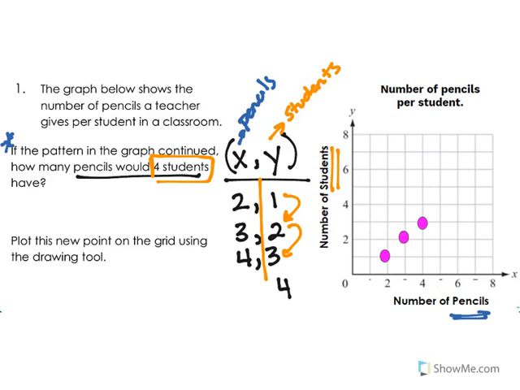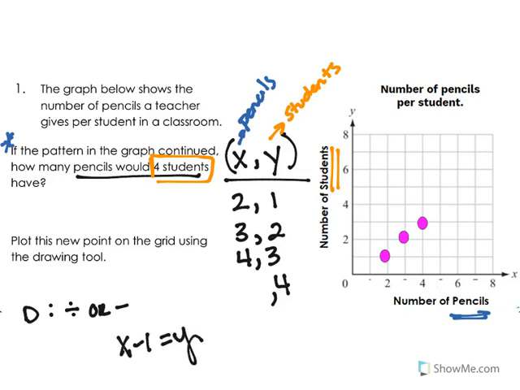Now, I need to figure out what the rule is from x to y. I can see if I start with x and go to y, we're decreasing. So we're either dividing or subtracting to get y. I see if I start with x and minus 1 each time, that gets me y.